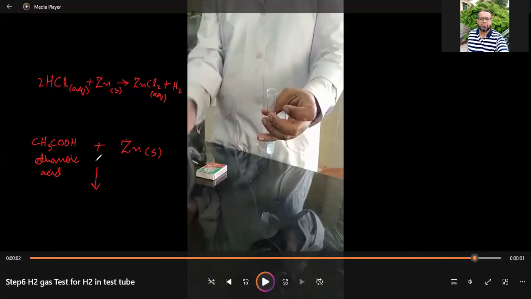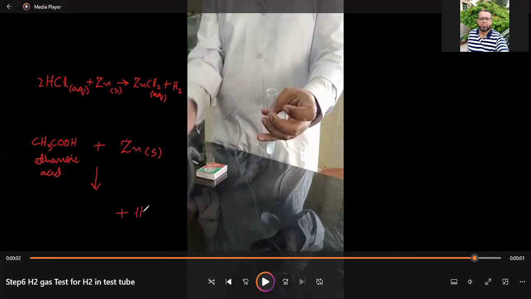So what happened in this reaction? In the organic acid, only the hydrogen ions in the COOH group are acidic in nature. These other hydrogens are not acidic in nature. So only these hydrogen ions form hydrogen gas.